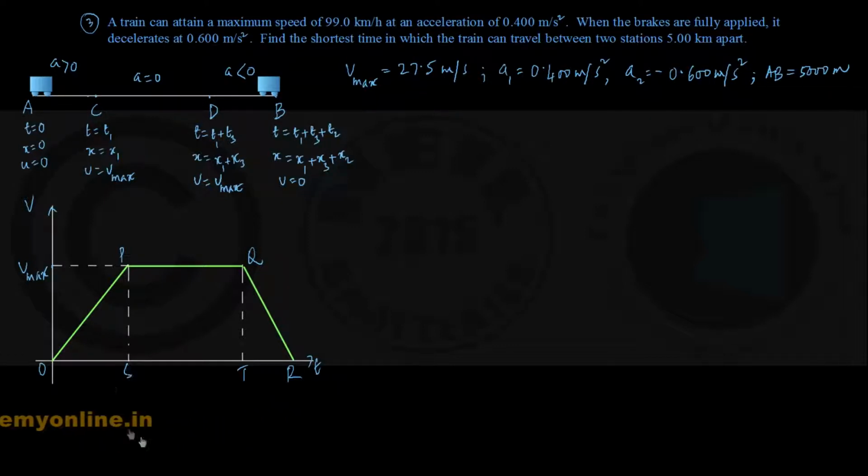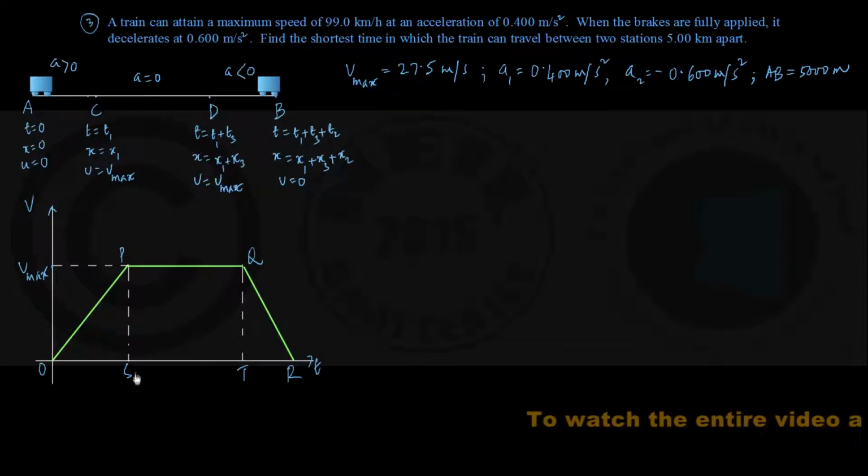And the length OS represents the time taken T1 for the accelerated part of the travel. Similarly, ST represents the time T3 taken for the constant velocity motion, and TR represents the time T2 taken for the decelerated motion from D to B.